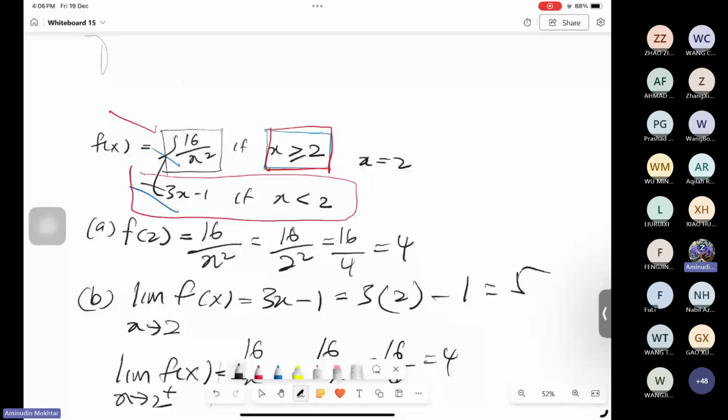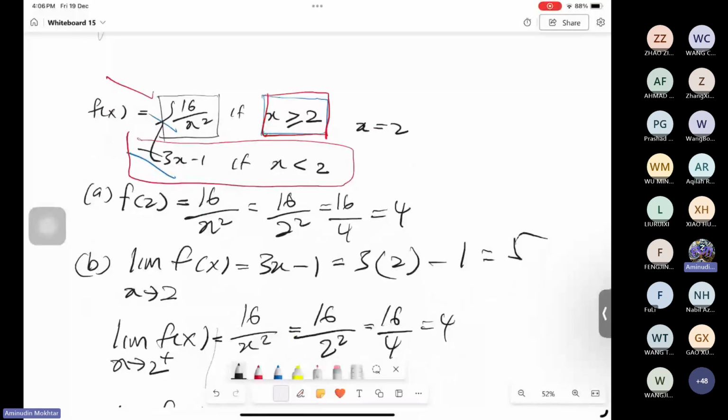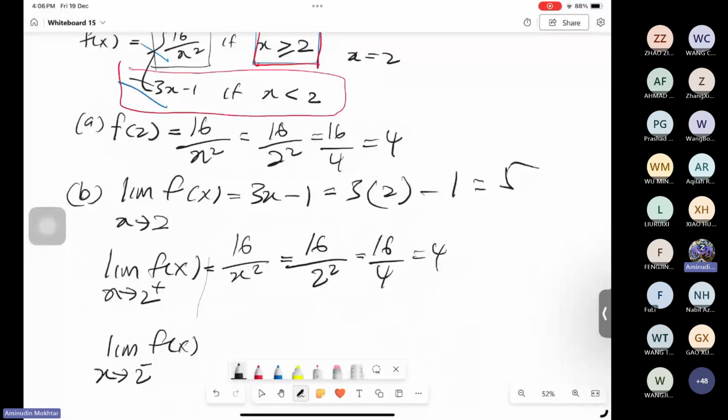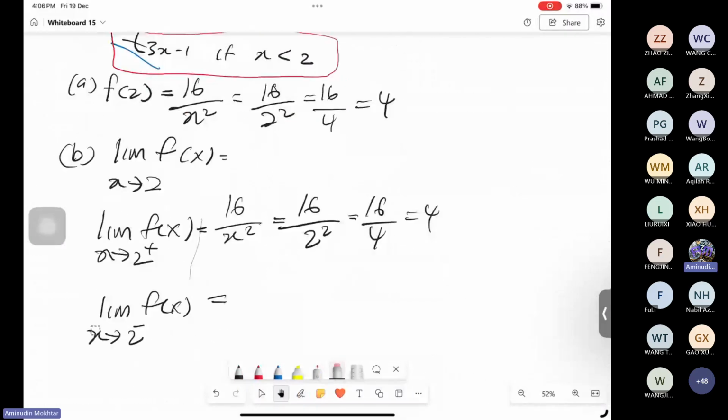So we can conclude here. Now we need to find the limit when x approaches 2 from the left.